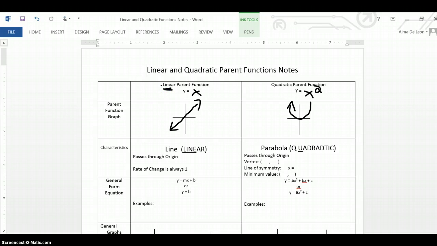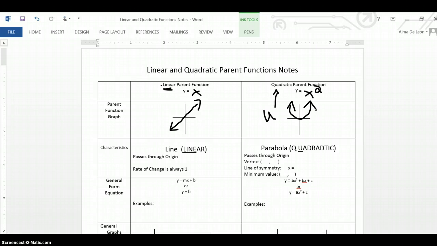That means that if we're looking at a linear function, we're looking at a line. If you're looking at a quadratic parent function, or basically any function that's quadratic, you notice that there is the word u. And basically, anytime you're looking at a quadratic function, you're looking at something in the shape of a u.